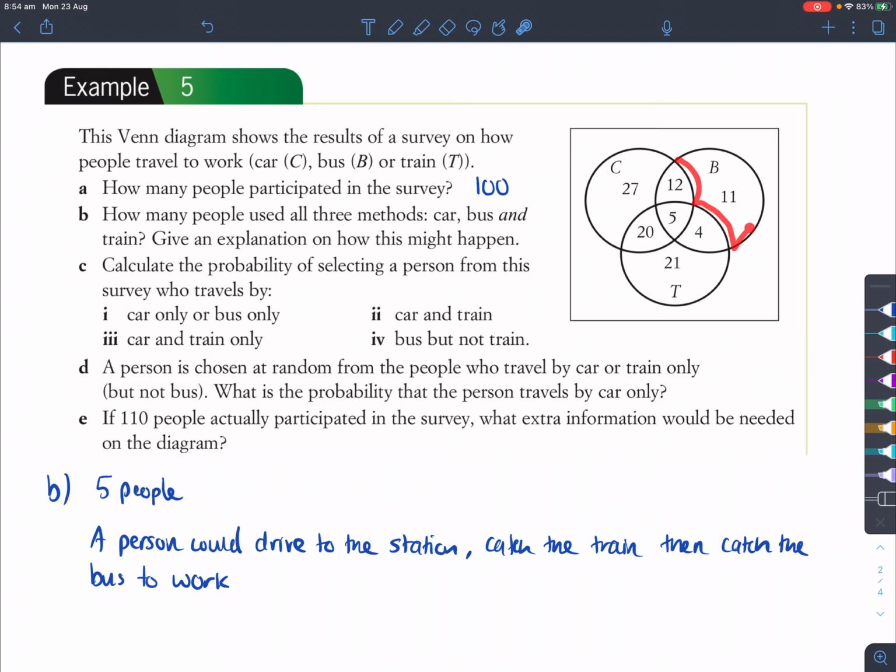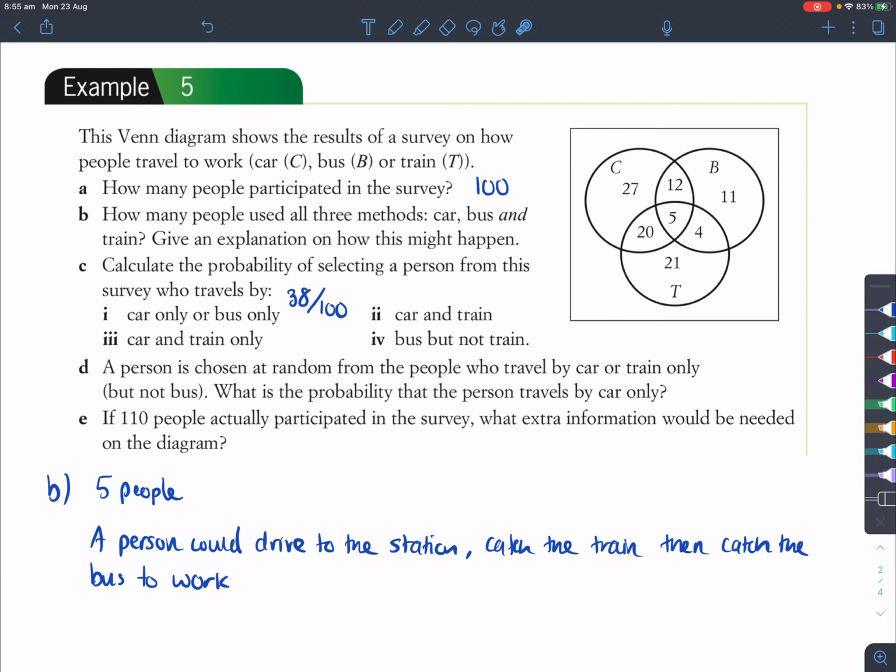So that's the 11 here. So 11 and 27 add together to give you 38. This is a total of 38 out of the 100 people who are surveyed.